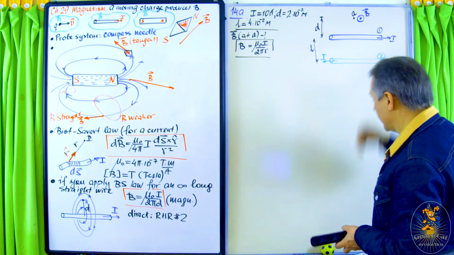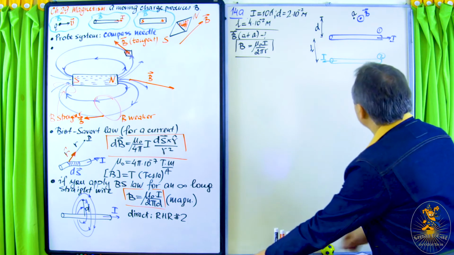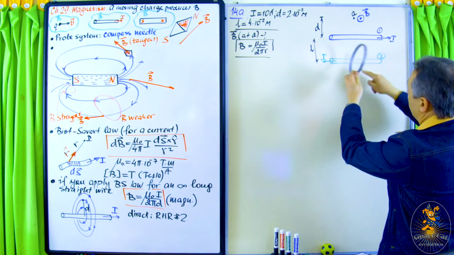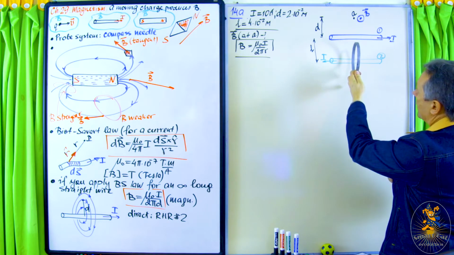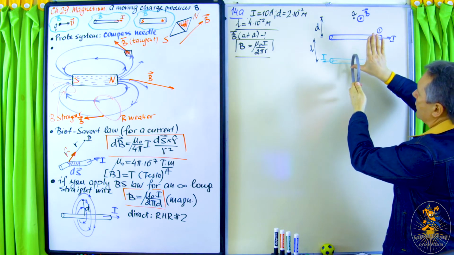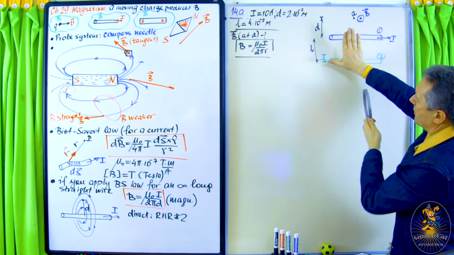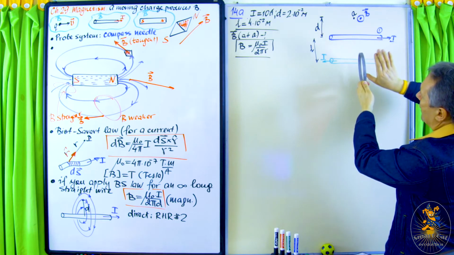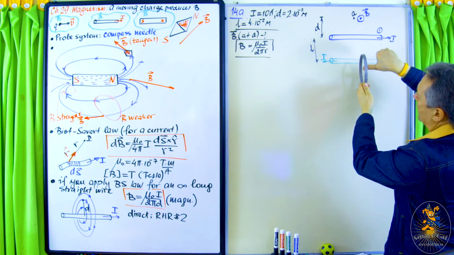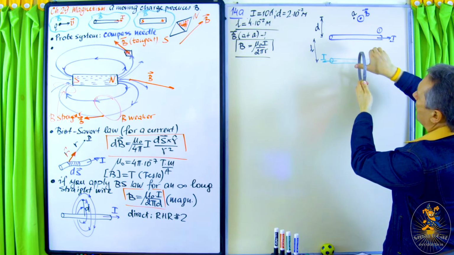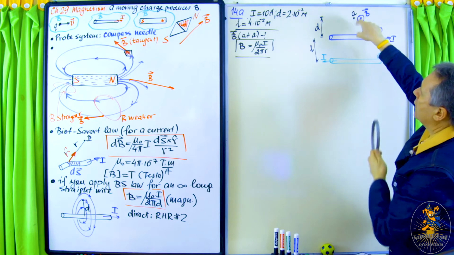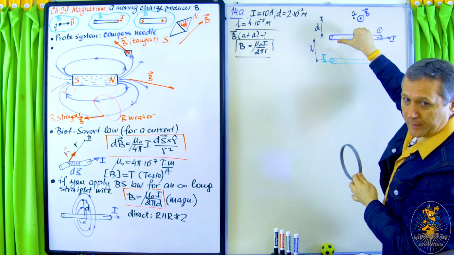Now let's do the same with the green. Again, you can imagine a different circle, right, for the green, of course, centered on the green. So right-hand rule: outstretch your thumb in this direction, right, and curl your fingers around the wire, right? So in this case, the magnetic field will be into the board, right?